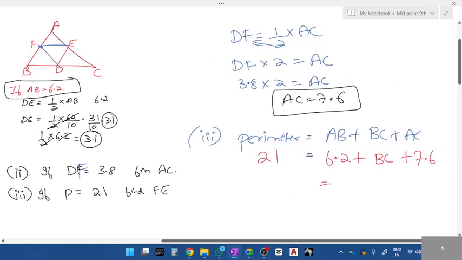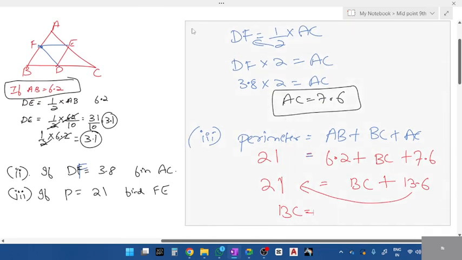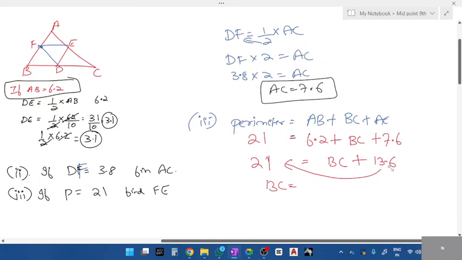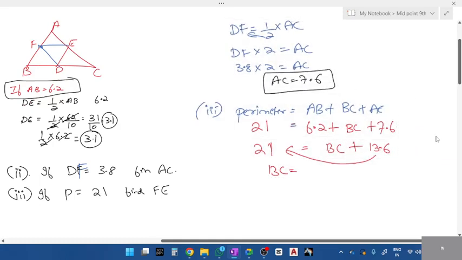Find the value of BC, students. How will you get BC? 21. What is 6.2 plus 7.6? Add these two. 13.8. Subtract this 13.8. 21 minus 13.8.